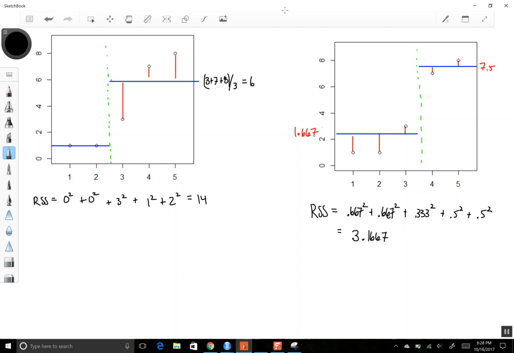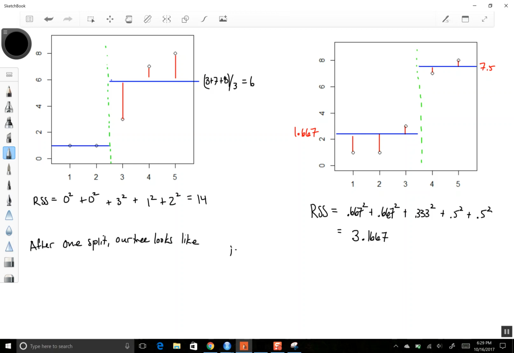Okay, and so if our tree ended here, we would just say, okay, is x greater than 3.5? If it is, my prediction for y is 7.5, and if x is less than 3.5, my prediction for y is 1.667. So after one split, our tree looks like this.